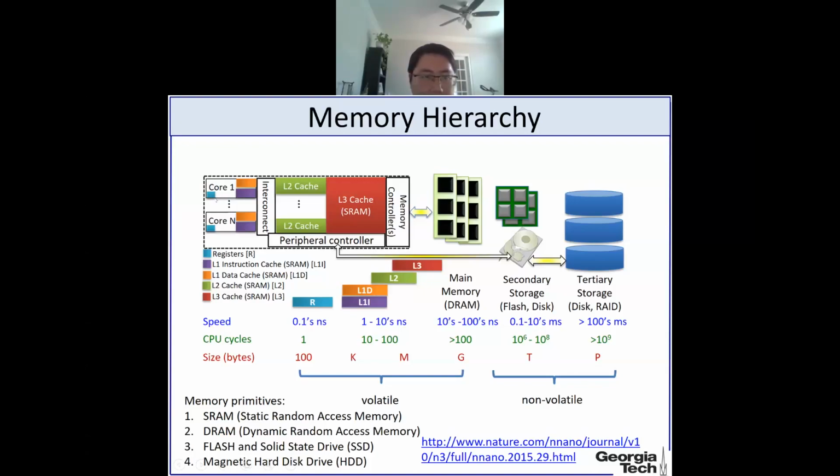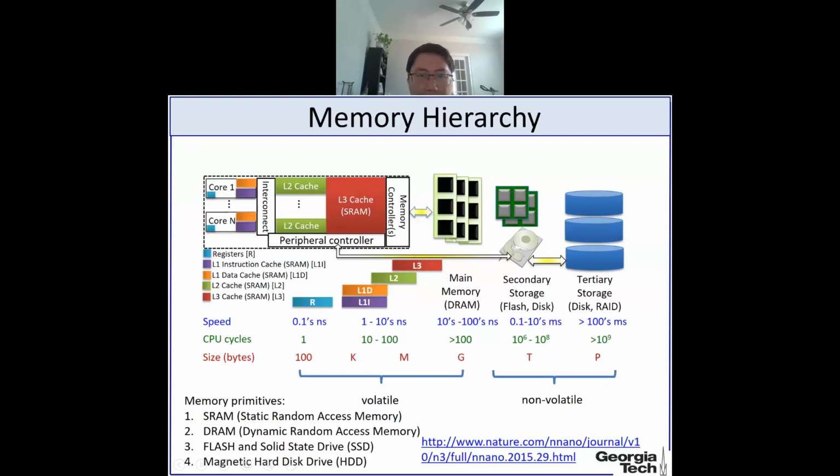But you will also have some local memory components, like the registers and here the L1 cache. And then you will also have L2 cache, L3 cache on the processor as well. But the L2 or L3 cache may be shared between multiple cores. And the L1 or L2 cache may be local to the individual cores.